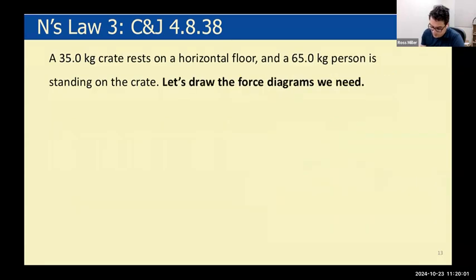So in this case, I'm going to draw the person in orange actually. So they're still smiling. There's the crate, which should be purple. There's the floor, which I think I drew in blue.